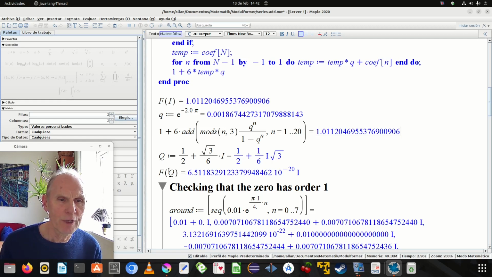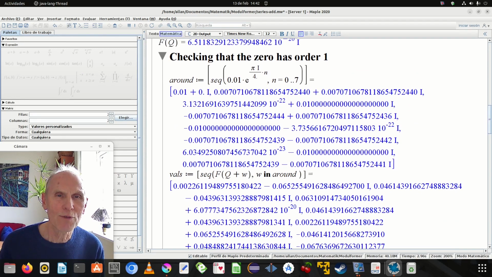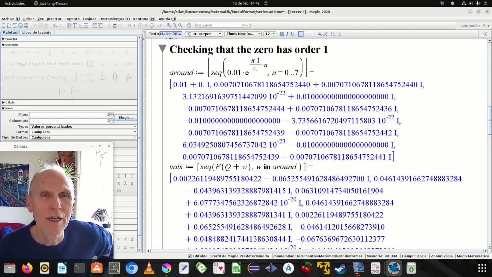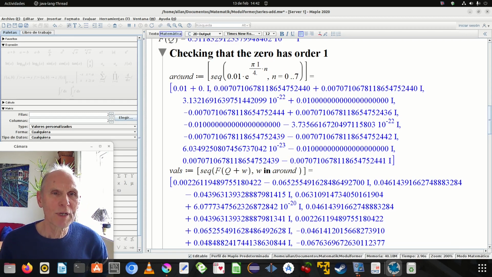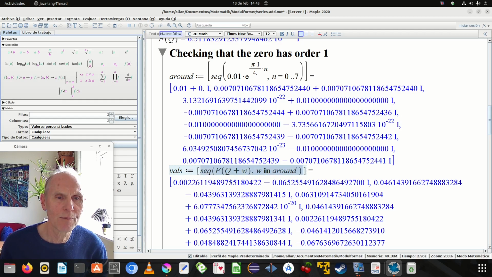And then the zero of order 2. No, that should have order 1. That was the known zero for the other function, which had order 2 for the function in M2. So we make a sequence where we make a little circle around naught, and then add that to Q and compute the values.